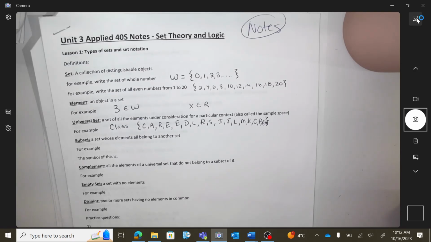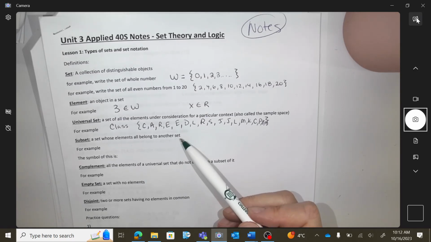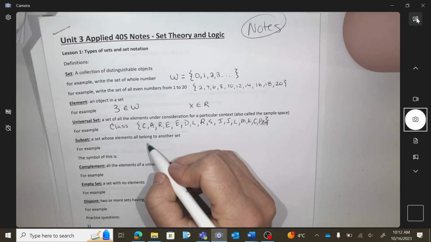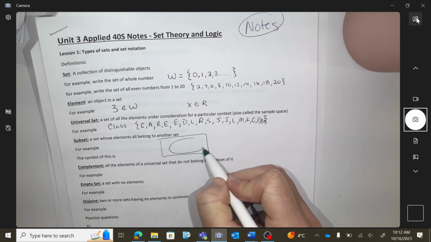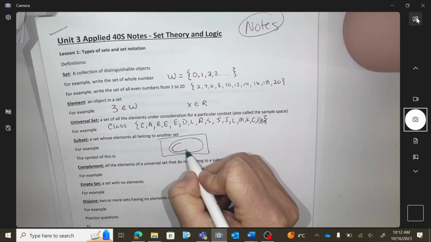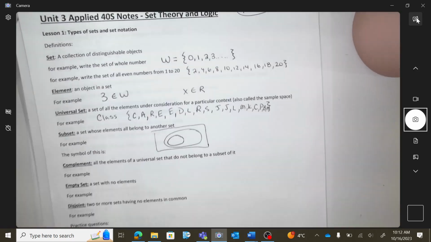A subset is a set whose elements all belong to another set. It would kind of look like that in a drawing sense.